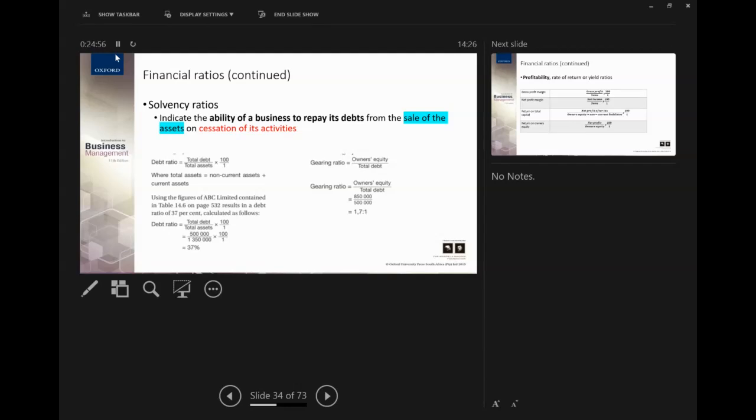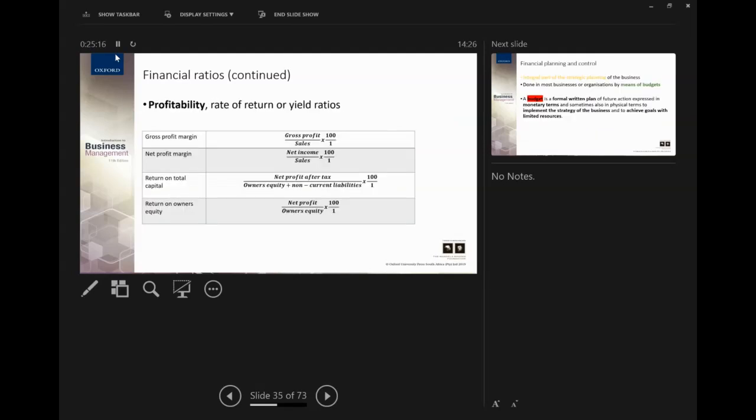So that's actually what we want. The lower it is, the more concerned we are, because we're basically saying we funded this business by debt, and if everything goes to nothing, then the banks that have financed this business will have huge losses in comparison to the losses that the owners will obviously incur.